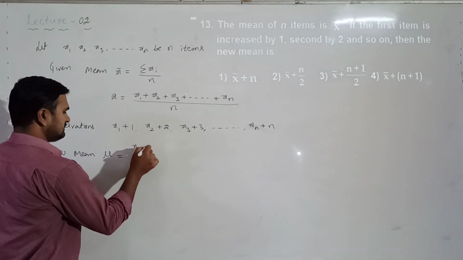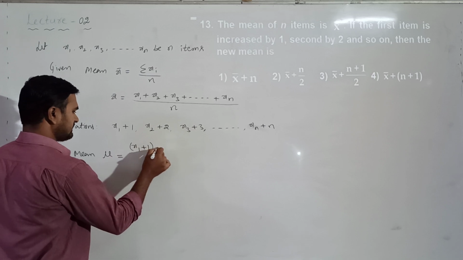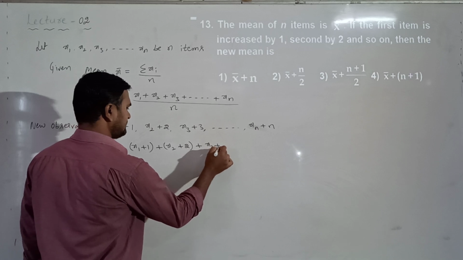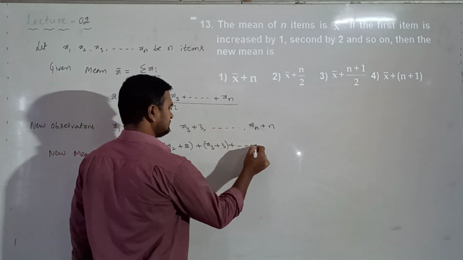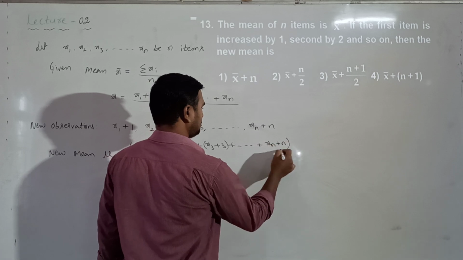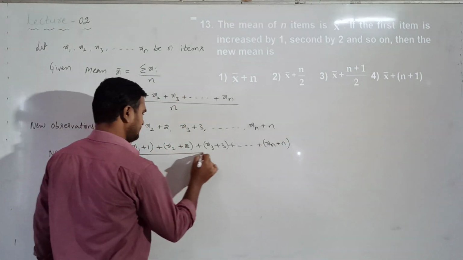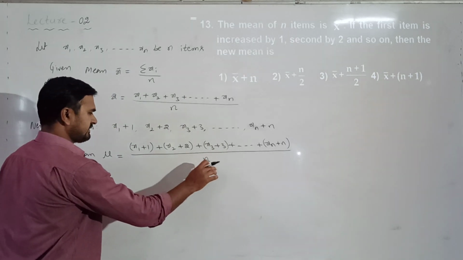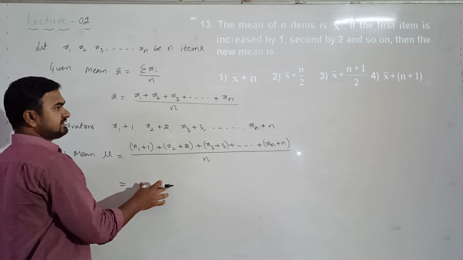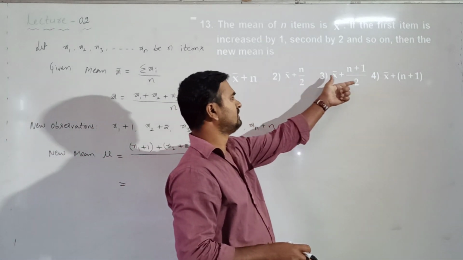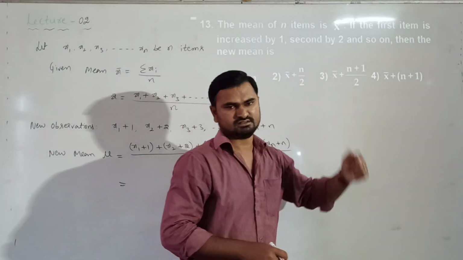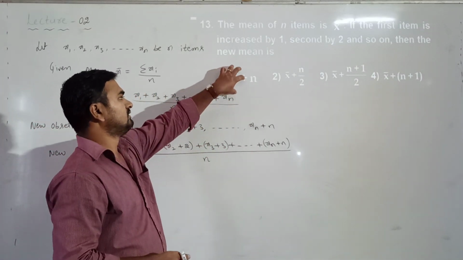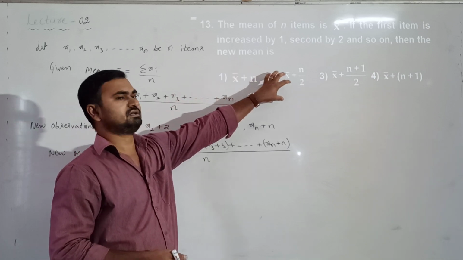It is x1 plus 1 plus x2 plus 2 plus x3 plus 3 and so on up to xn plus n, total divided by n, as the number of observations remains the same. Now we want to write this new mean in terms of the given average x bar and n.